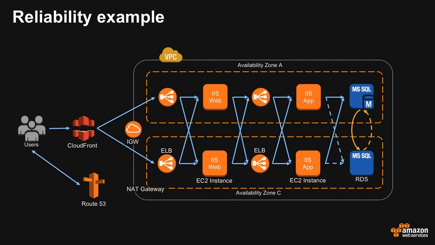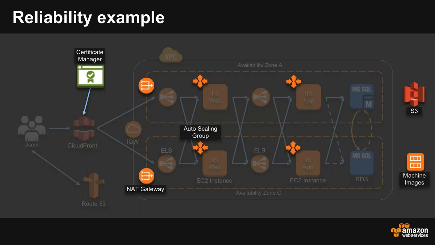And behind the application servers, we have a highly available MS SQL deployment using Amazon RDS, our relational database service. So let's go through each one of these and understand exactly what they do in detail and how we can make this solution robust and scalable.